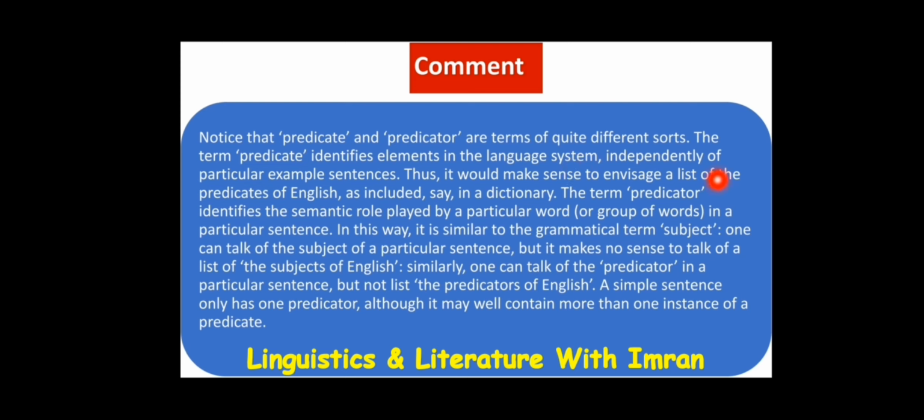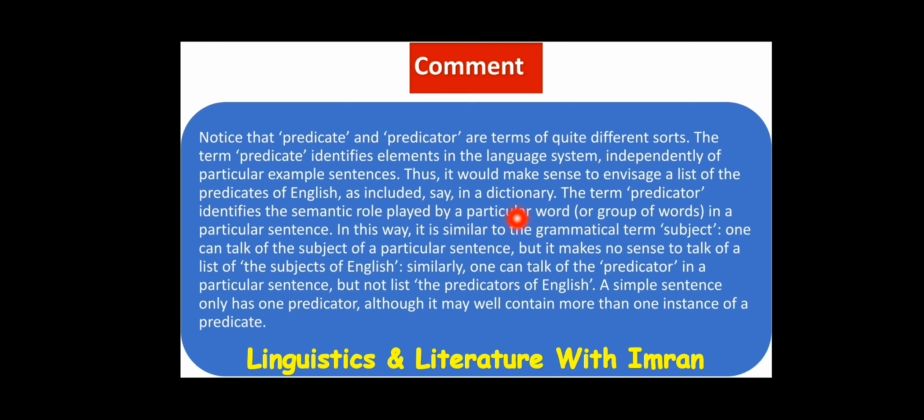So when we don't use it in a sentence, we call it a predicate. Predicates are independent from the use of sentences, right? We can make a list from a dictionary that this is a predicate, this is a predicate, this is a predicate. So they are independent from use in a sentence. Thus, it would make sense to envisage a list of the predicates of English as included, say, in a dictionary.